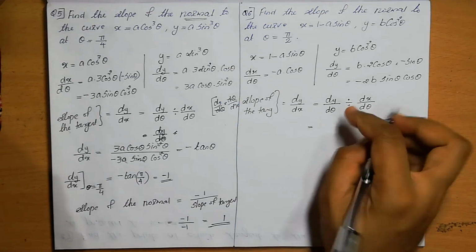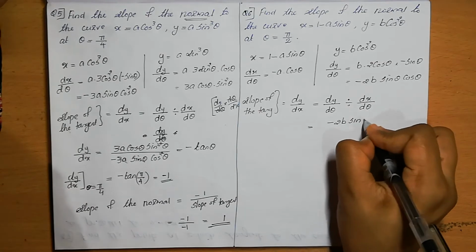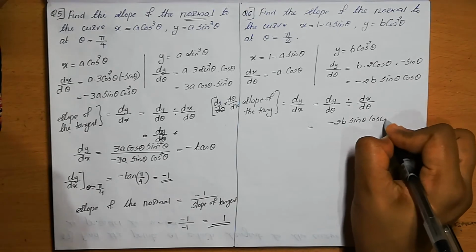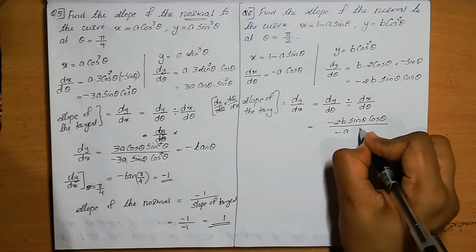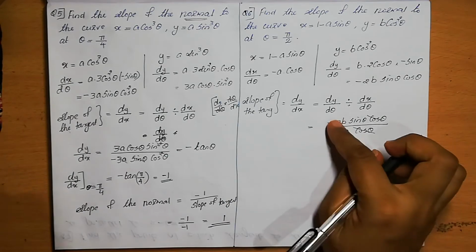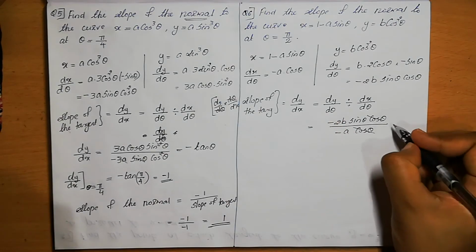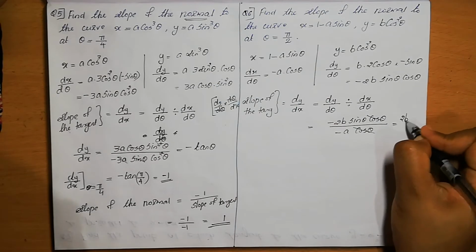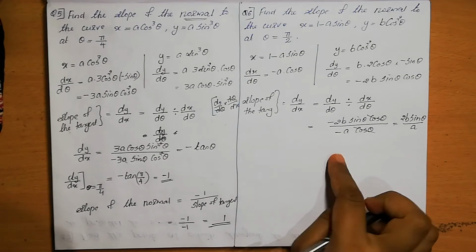That means dy by d theta is minus 2b sin theta cos theta divided by dx by d theta is minus a cos theta. Cos theta cancel, minus minus plus. So what we will get? 2b sin theta by a. That is the slope of the tangent.